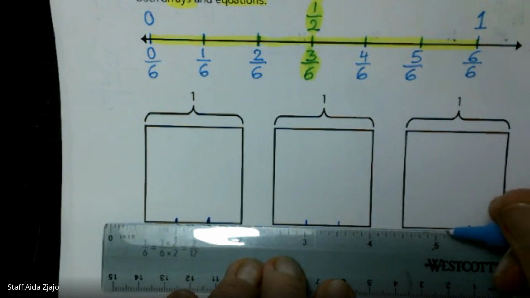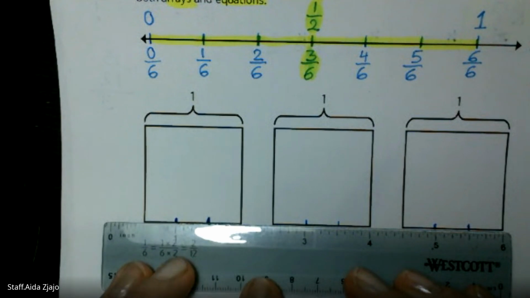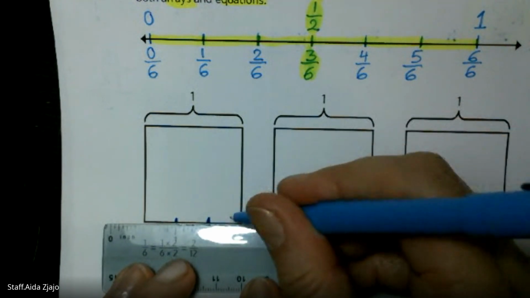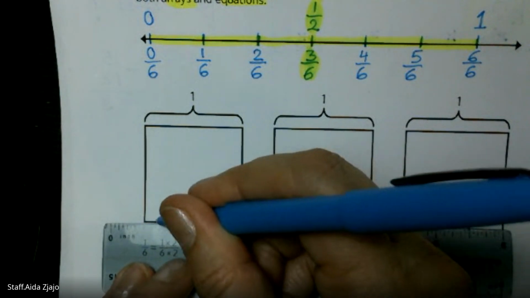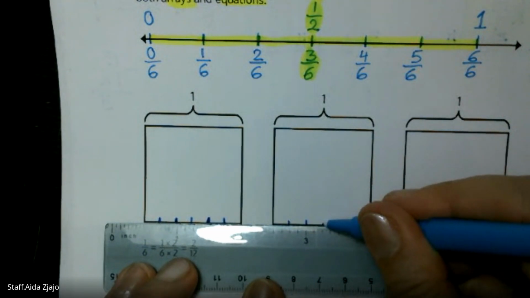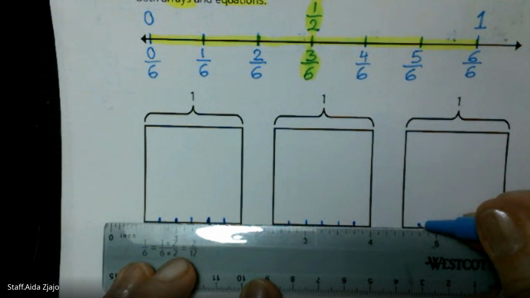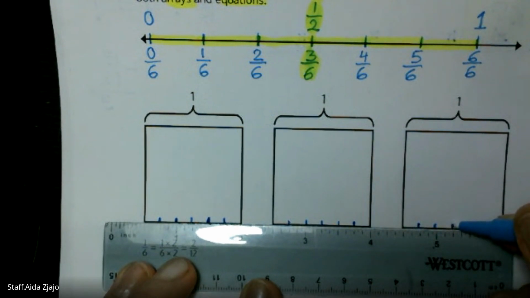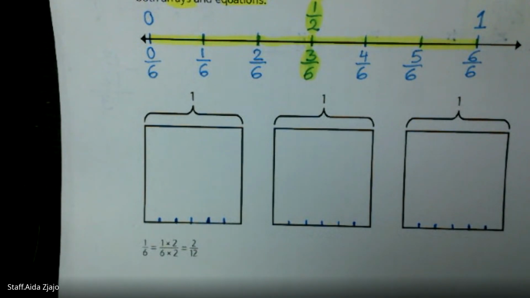Now I label this as 3, but if I divide each 1/2 inch into 2 pieces, I will be able to make 6 equivalent pieces. So I will have my sixths. Okay, I can use my other ruler to help me.